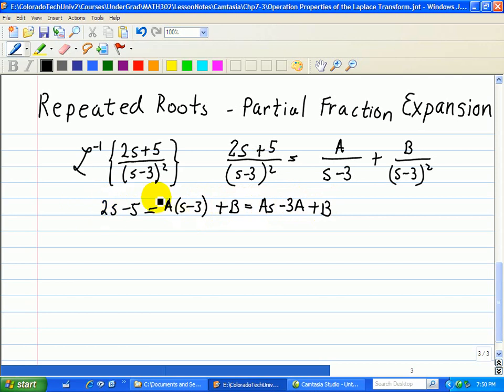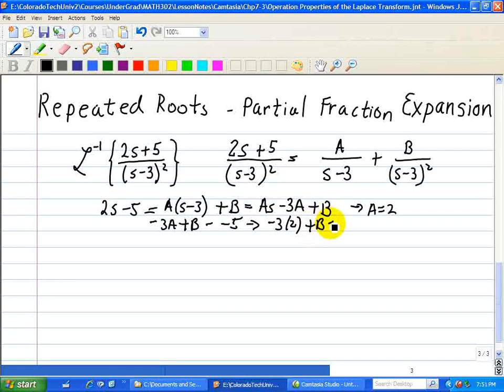Comparing coefficients of 2s and As implies that A is equal to 2. Then when I substitute 2 into minus 3A plus B, setting the constant coefficient equal to minus 5, we have minus 3 times 2 plus B is equal to minus 5, which means that B is equal to 1.